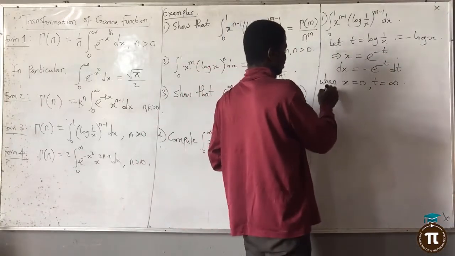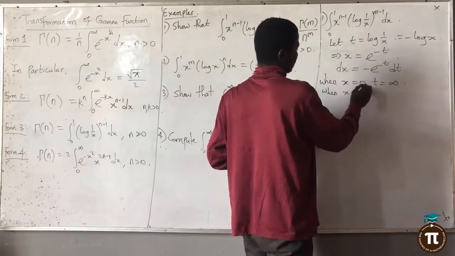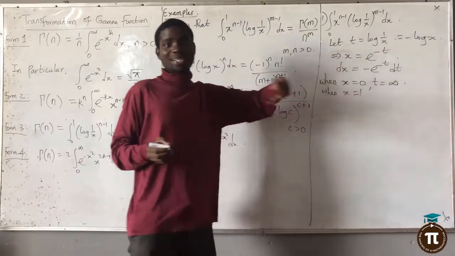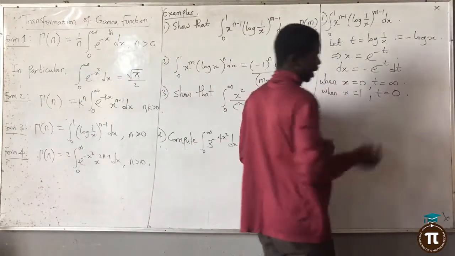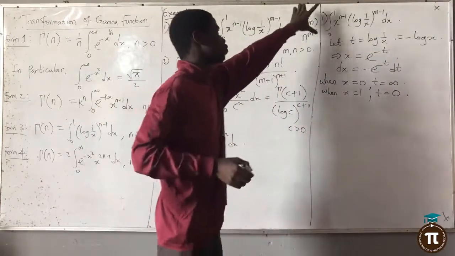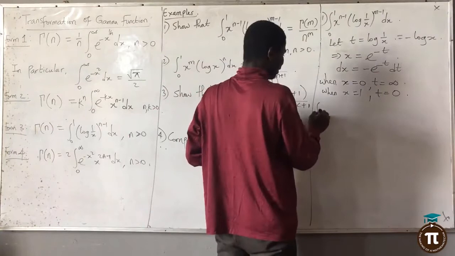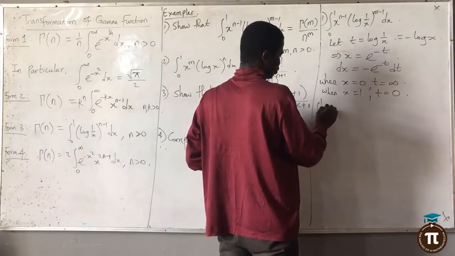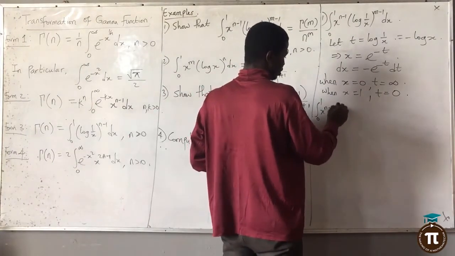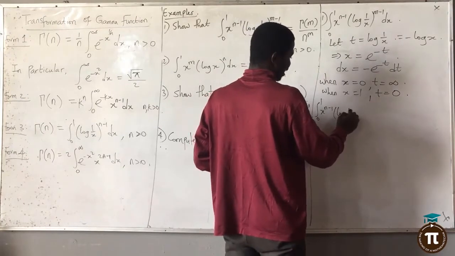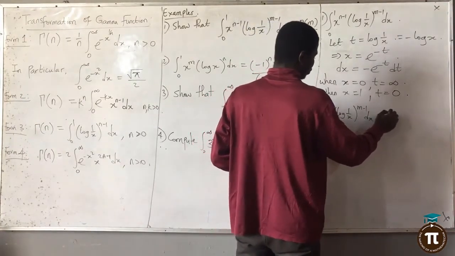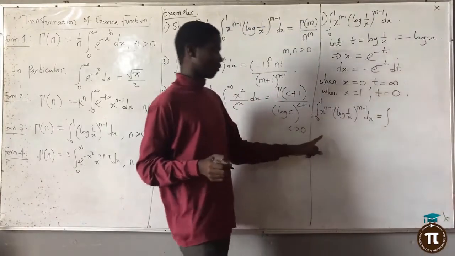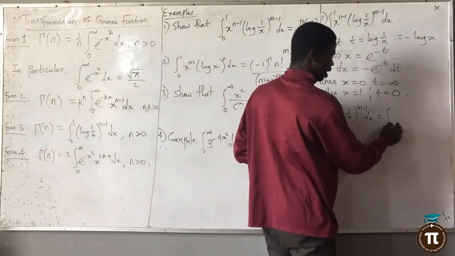And when s is 1, log 1 is 0, so t will be 0 as well. So you have integral from 0 to 1 of s raised to the power of n minus 1 log 1 over s raised to the power of n minus 1 ds to be equal to integral from infinity to 0. That's what it will become.